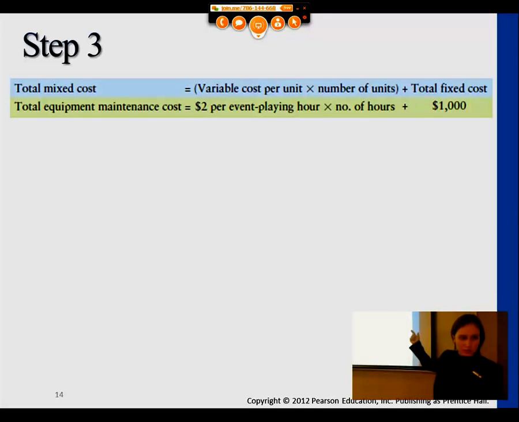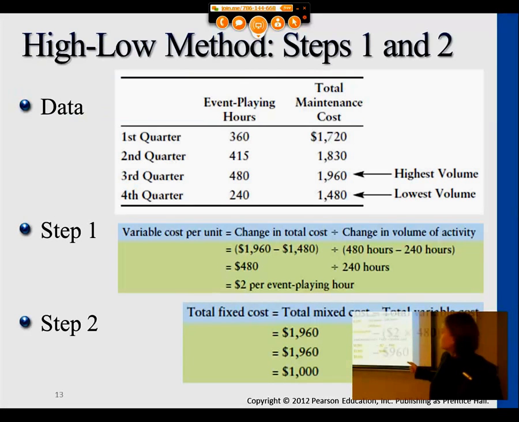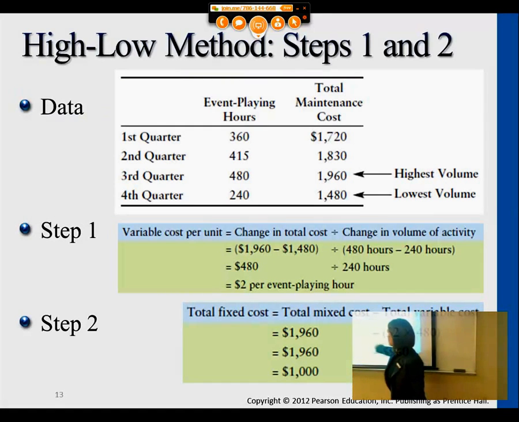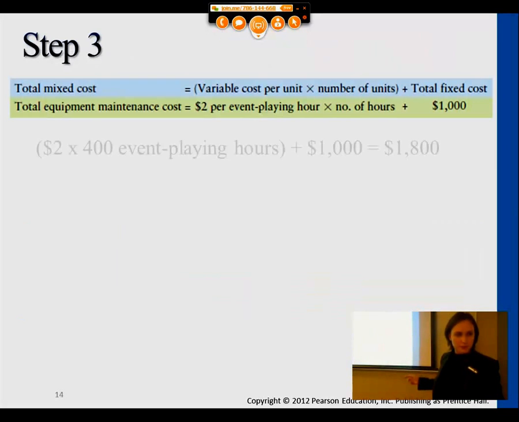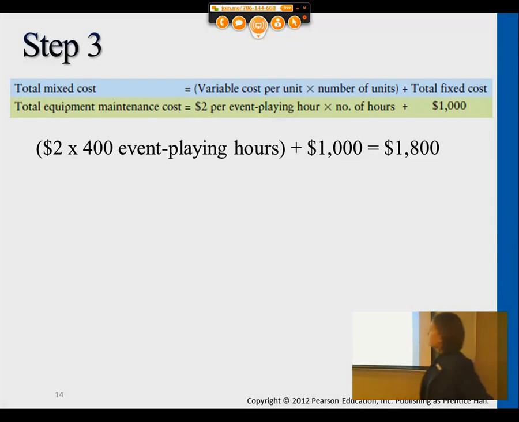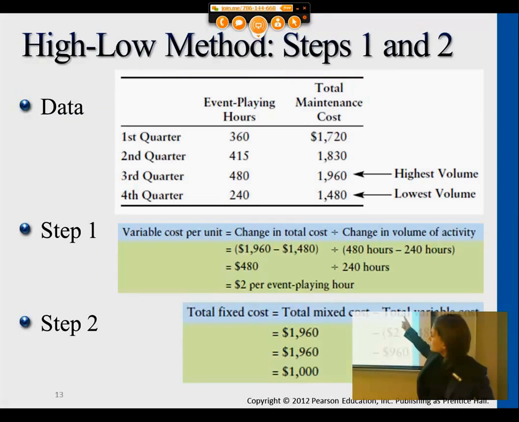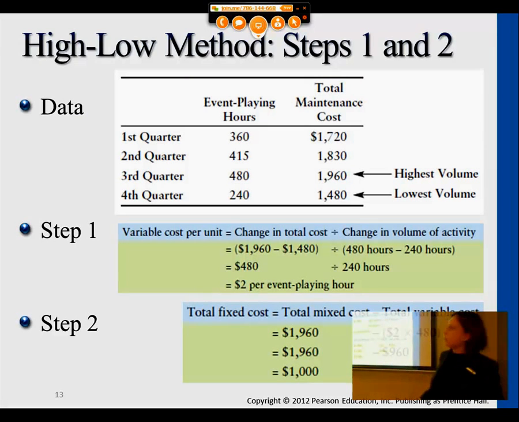We just figured the total equipment maintenance cost, which was kind of here. We're just rearranging the numbers. We have $2, and we know where our $1,000 is coming from. That's our 1,000 fixed cost.